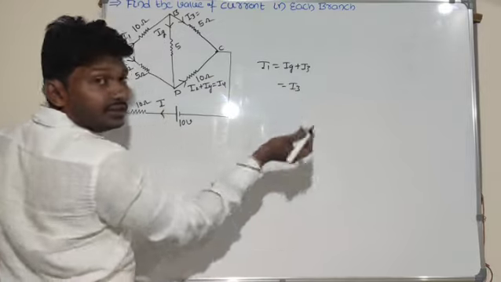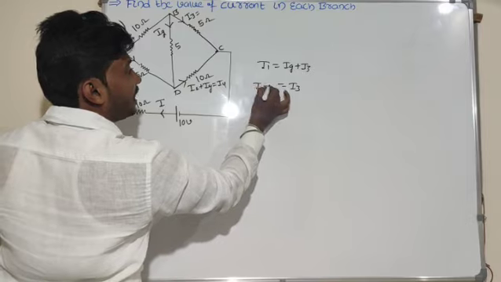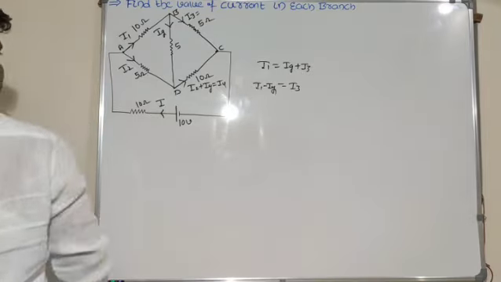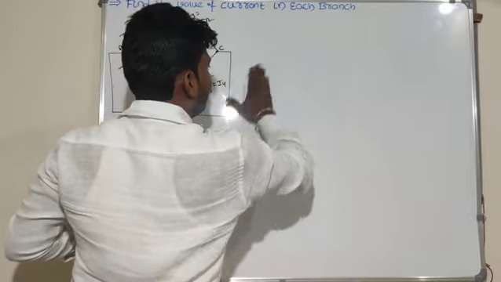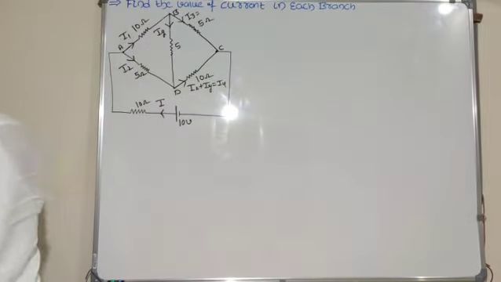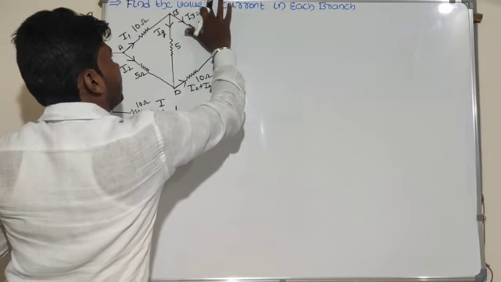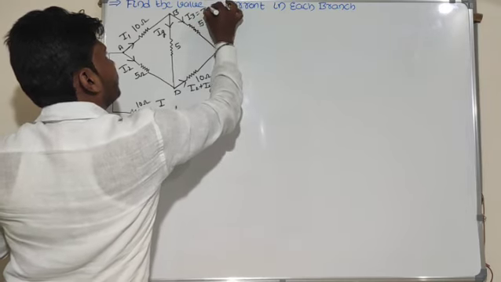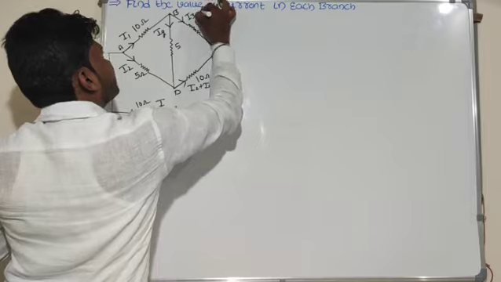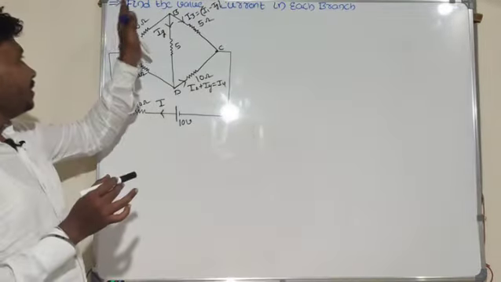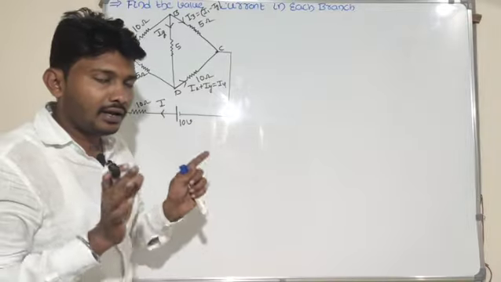The same thing I will use here, so instead of I3, I will take I1 minus IG. So this is all about the direction of the actual current, right?